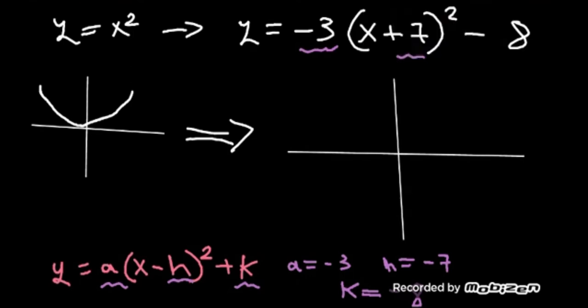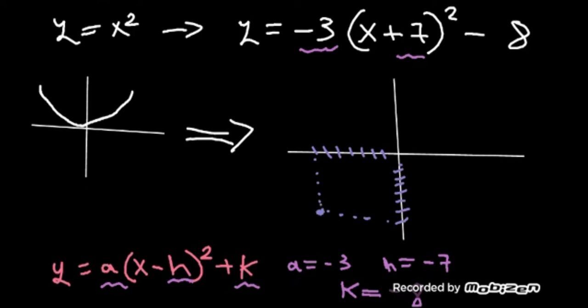So we figure out that h is -7, and that states the horizontal translation. So we count 1, 2, 3, 4, 5, 6, 7. And we have -8 for k, which is the vertical translation. So 1, 2, 3, 4, 5, 6, 7, 8. And here exactly they will meet.